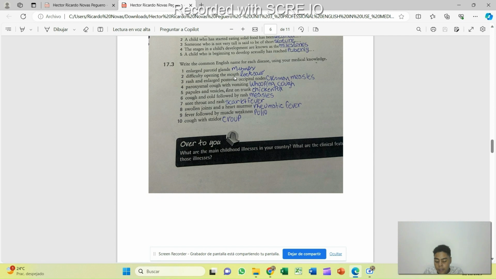Fever followed by muscle weakness, polio. 10. Croup, streptococcal croup.